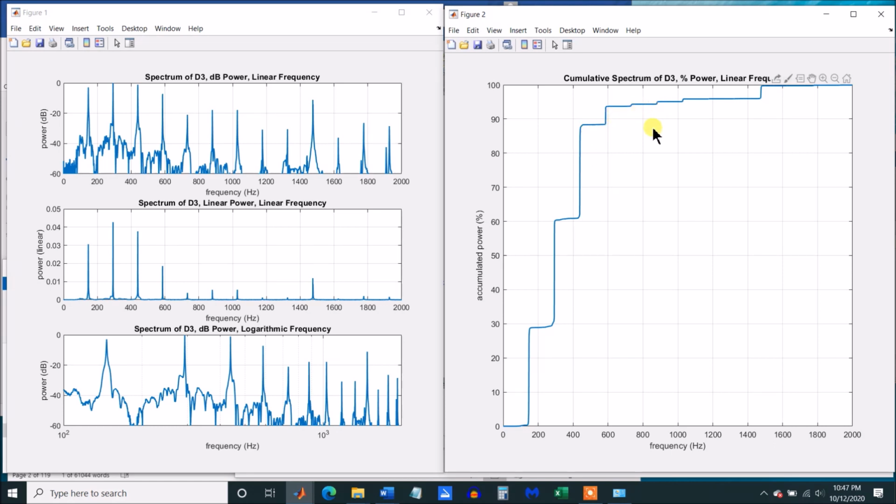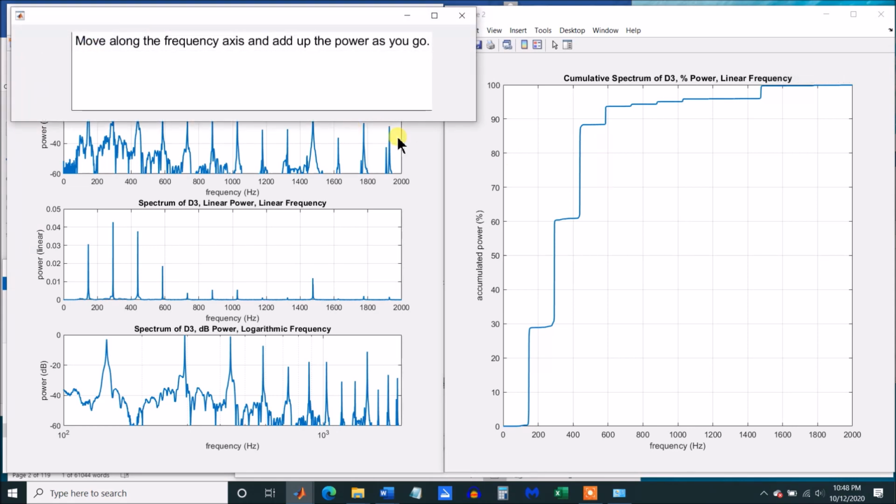And you can see over here, now we're seeing the influence of the weaker components, and we get not much contribution in percentage. And then here's a relatively large jump as a consequence of this component right here. So I'm plotting accumulated power in percent versus frequency. And this graph will always end up at 100% when you cover all the frequencies.